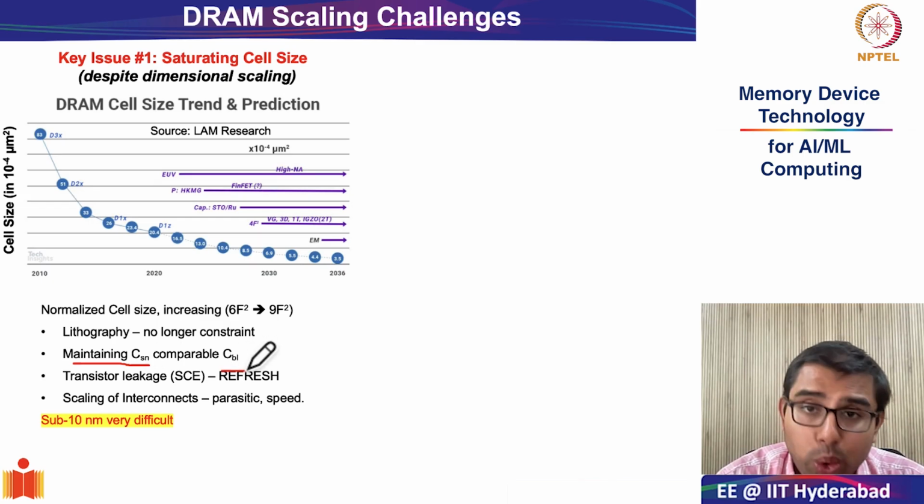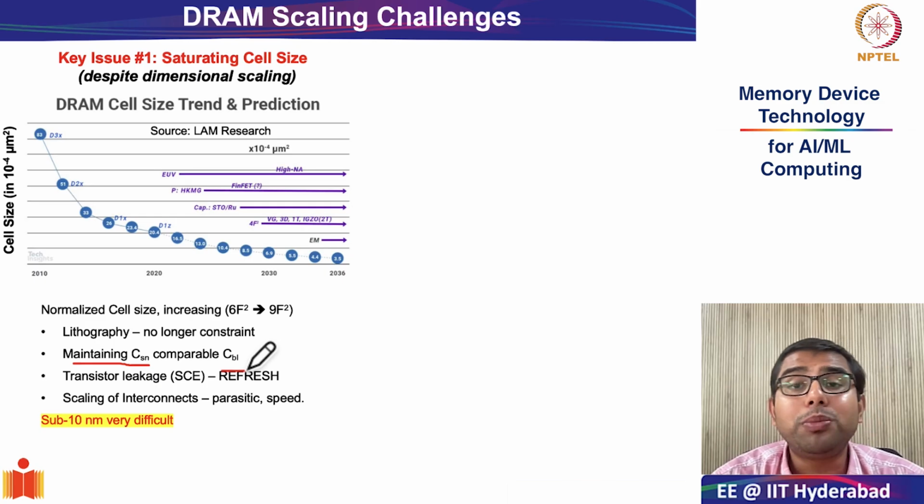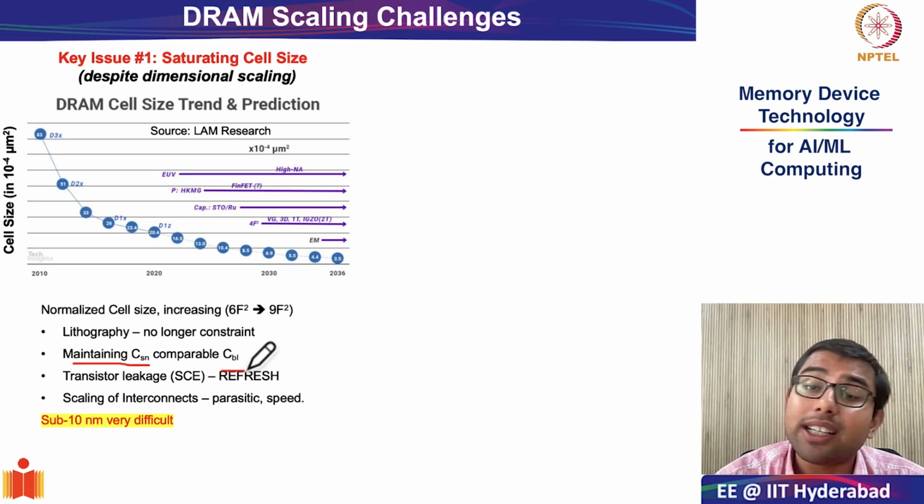Remember why we had to do that? We saw the charge storage model. If the capacitance of the storage node is not comparable to that of the bit line, you will have big problems in getting sufficient noise margin. That is the first thing.